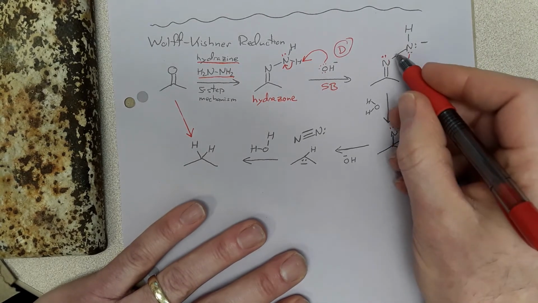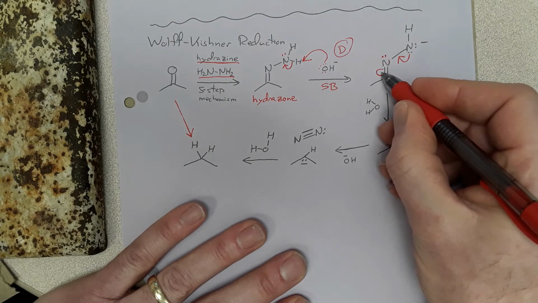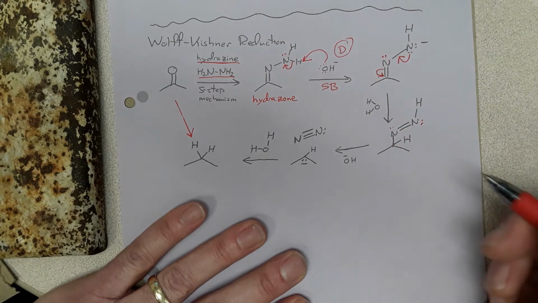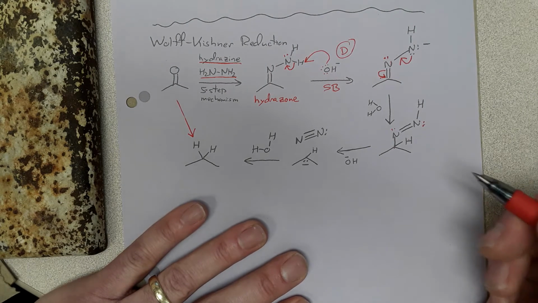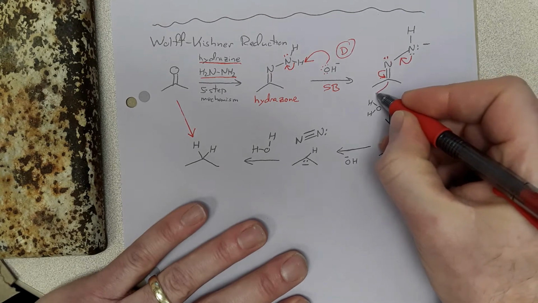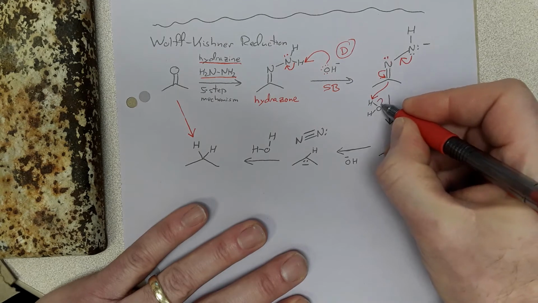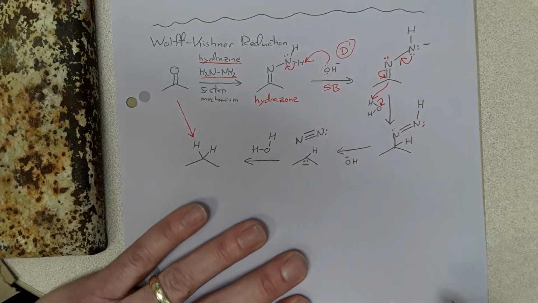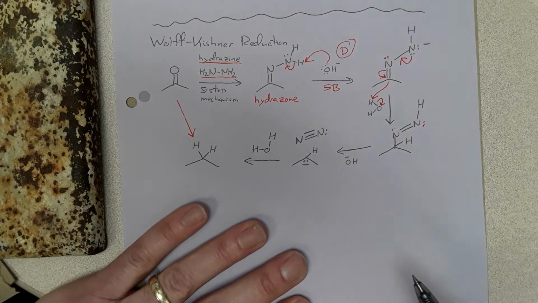So as we're bringing in electrons, we're taking away electrons, and so we can break this pi bond and dump the electrons onto that carbon. And then we end up with a hydrogen on that carbon. So let's pick up this proton here off of water and add the proton onto the carbon.